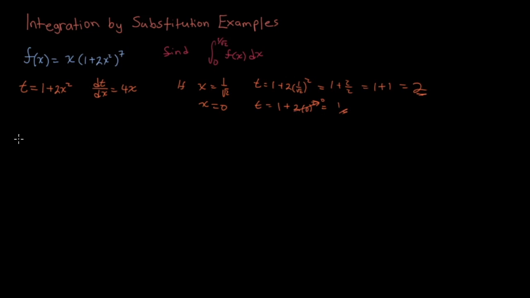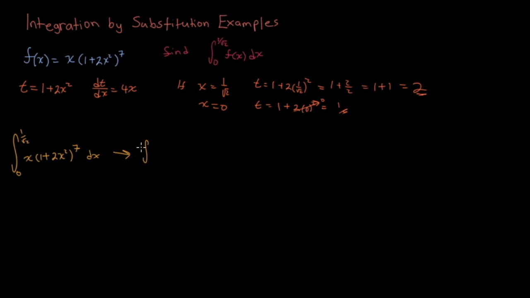We're being asked to integrate from 0 to 1 over root 2 of x times (1 plus 2x squared) to the power of 7 dx, which is going to give us this right here.